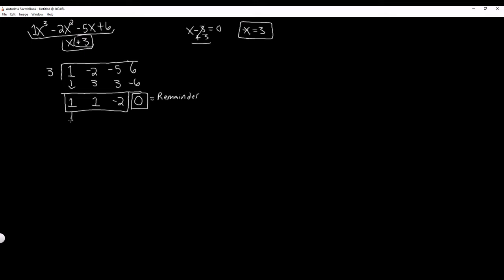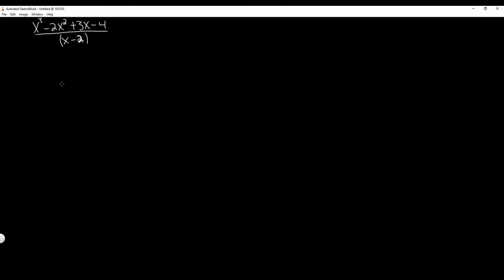So this is going to be our x squared coefficient, this is our x coefficient, and this is just going to be our constant with the remainder of 0. Okay, so this is going to be 1x squared plus 1x minus 2, and that is going to be the answer to this problem.